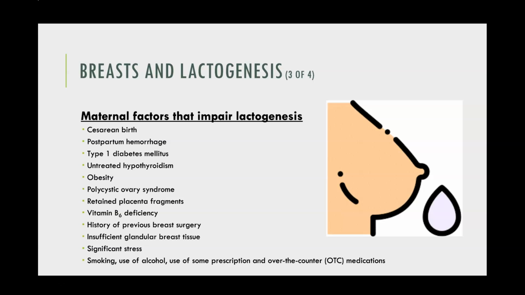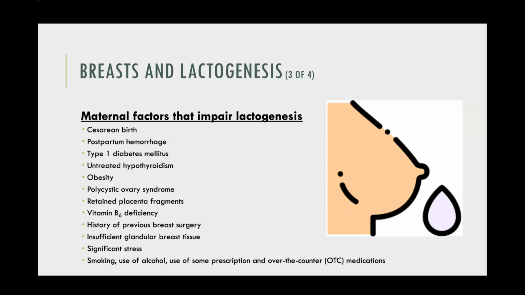There are several factors that can impair lactogenesis in a postpartum mom, and those things include C-sections and hemorrhages. If you think about those two, we're losing a lot of blood, so the moms could be dehydrated and have a severe volume loss, which can affect the amount that is made.